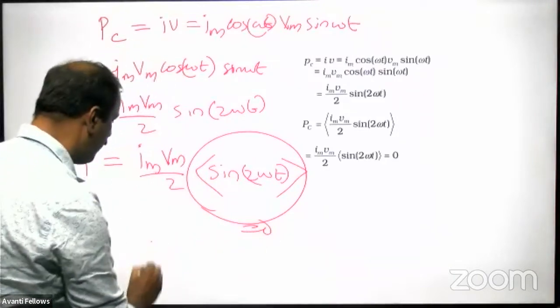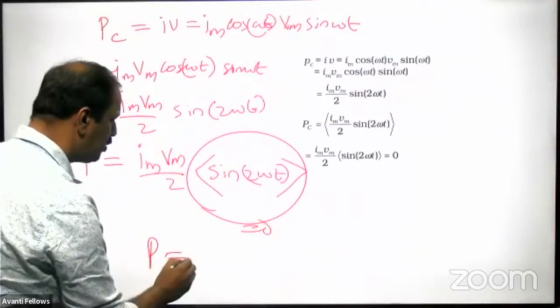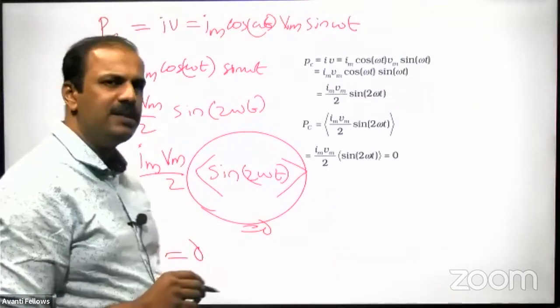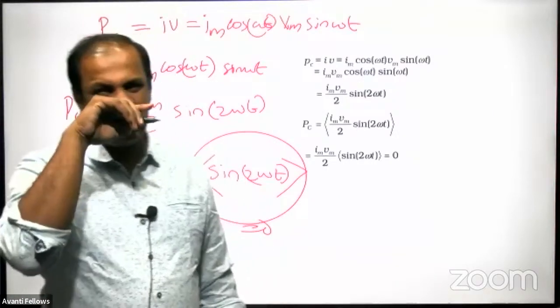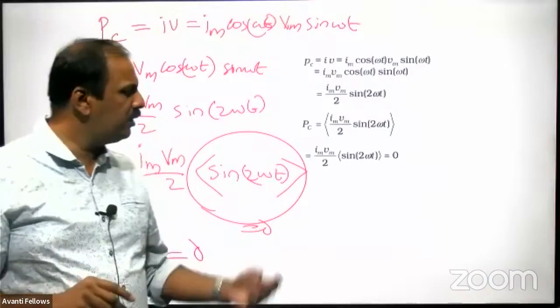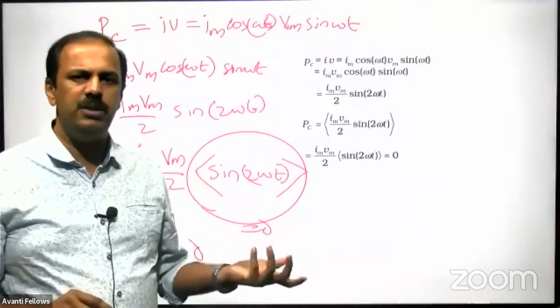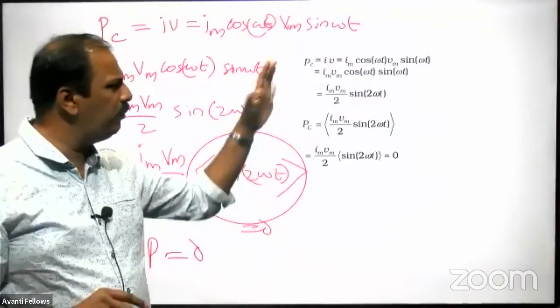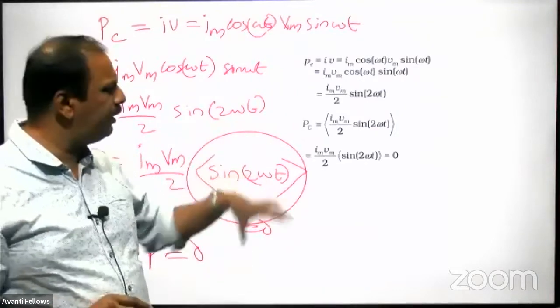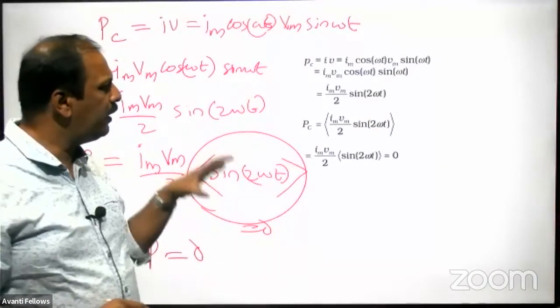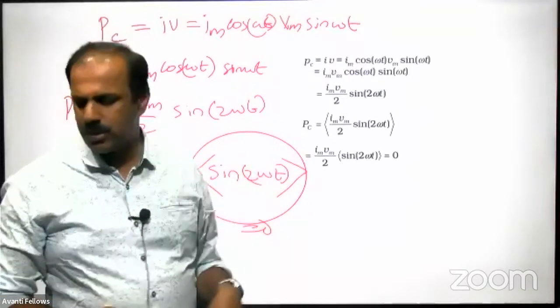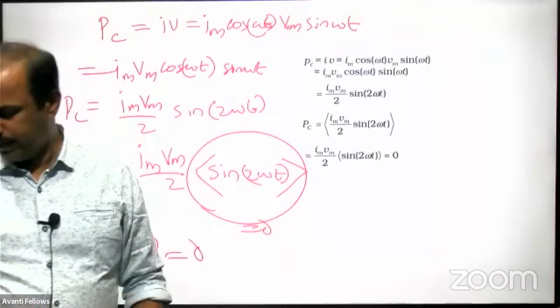So here also the power across the capacitor is 0, just same as the inductor. So across the inductor we have the power 0, and across the capacitor also the power is 0. Both are same. That's why I don't want to waste time on that, because you already studied all these things.